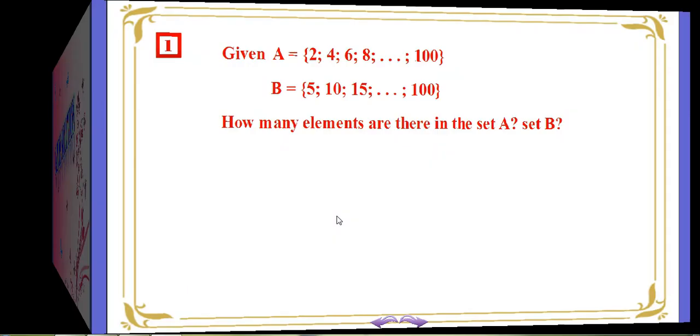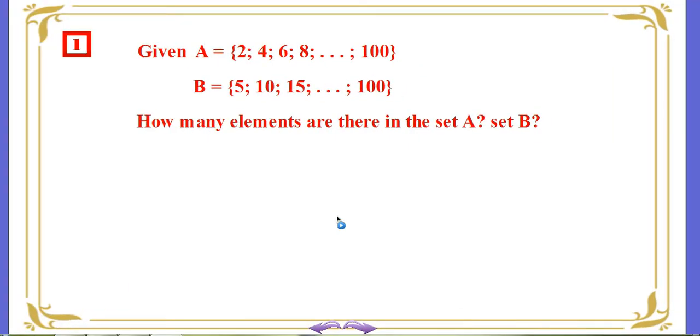The first exercise: given set A including the elements 2, 4, 6, in order respectively, and given set B including elements 5, 10, 15, in order to 100 respectively. How many elements are there in set A and set B?